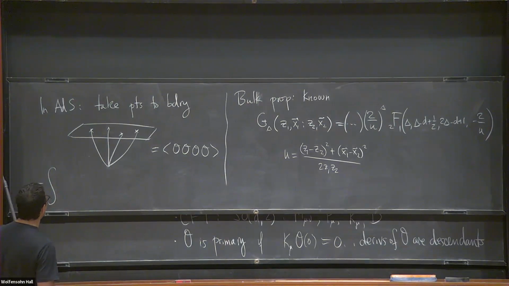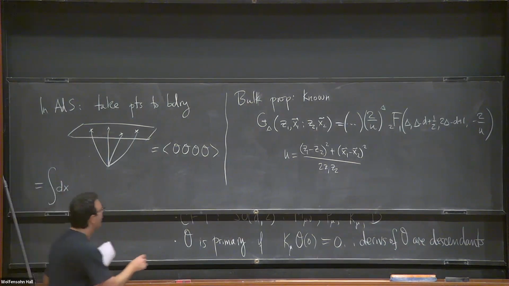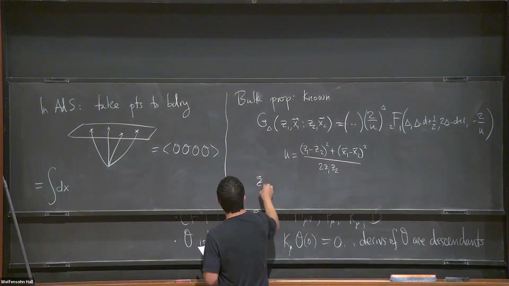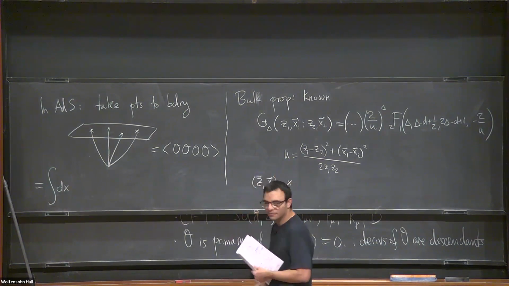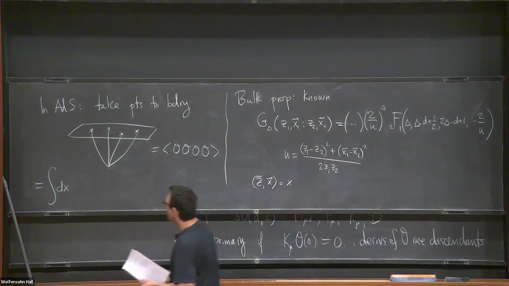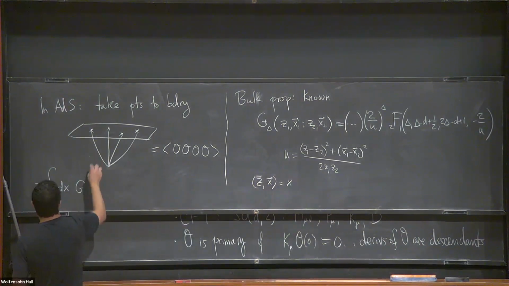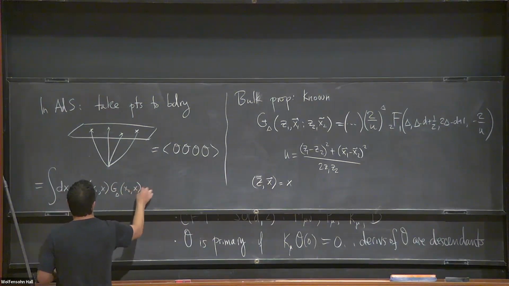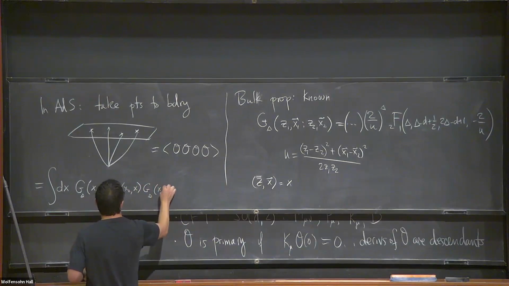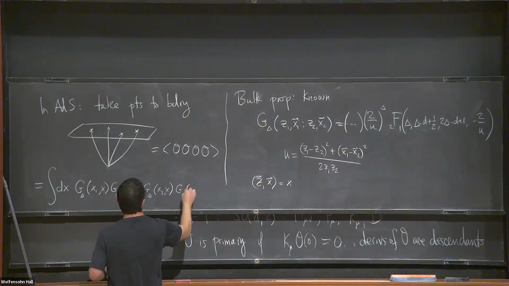Integral over a bulk point. So let me write down the bulk point as x. Let me combine this z and x, and call that x. Then I have an integral over x, and for this diagram I have G_delta(x1, x) G_delta(x2, x) G_delta(x3, x) G_delta(x4, x).